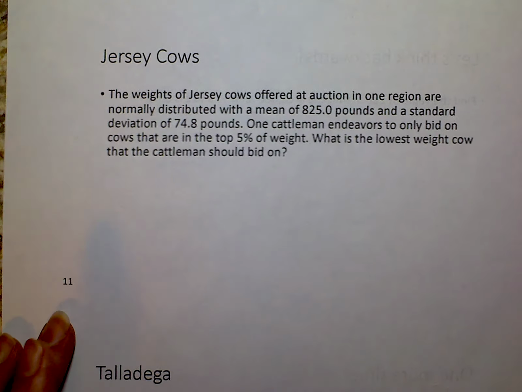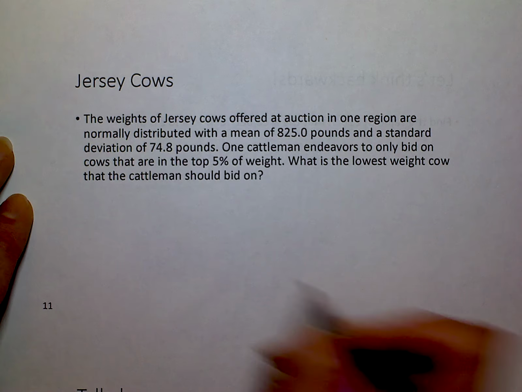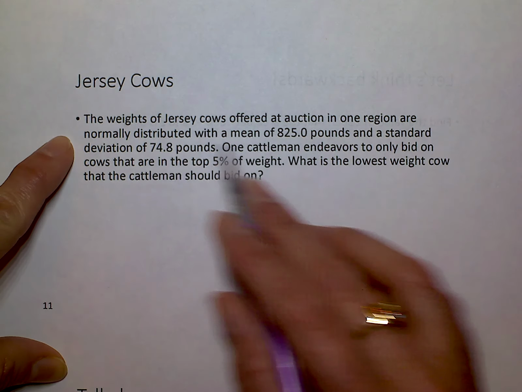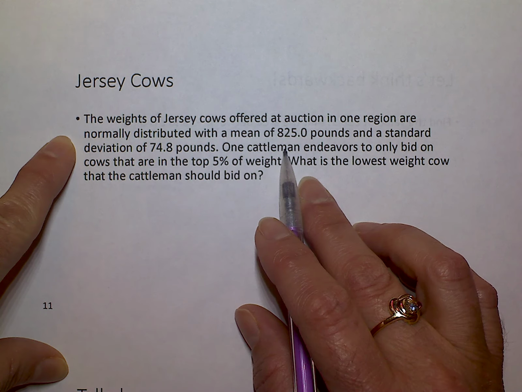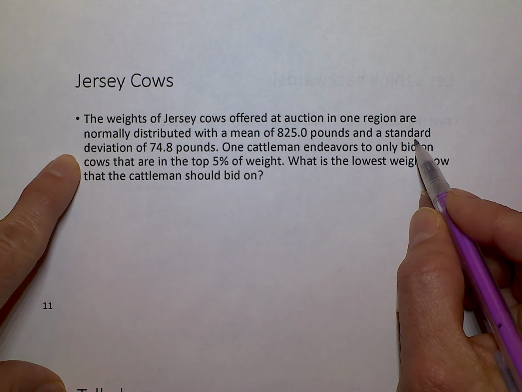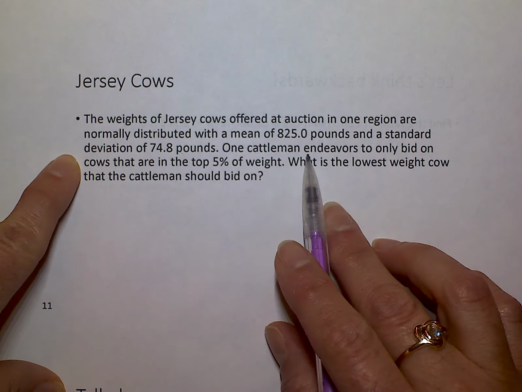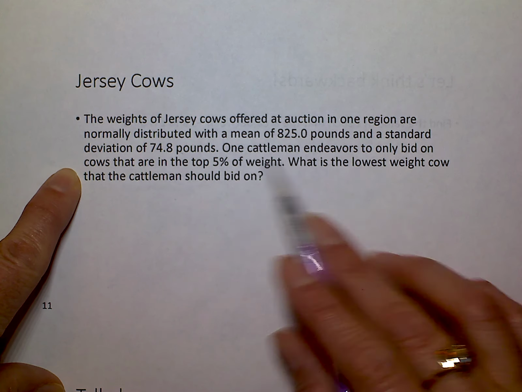So I'm gonna do 2 quick little examples. I think we can squish it in here. Jersey cows. The weights of Jersey cows offered at auction in one region are normally distributed. The mean is 825, standard deviation 74.8. One cattleman endeavors to only bid on cows that are in the top 5% of weight.